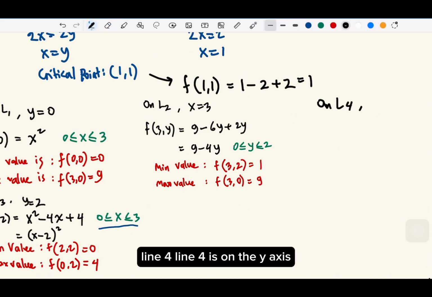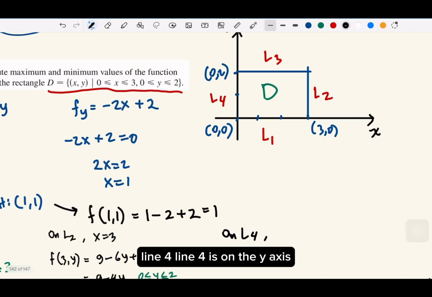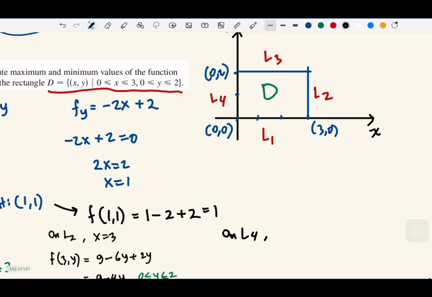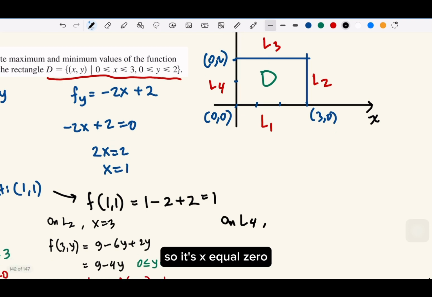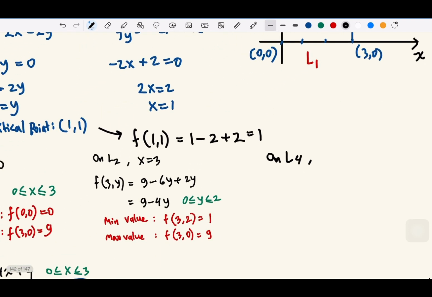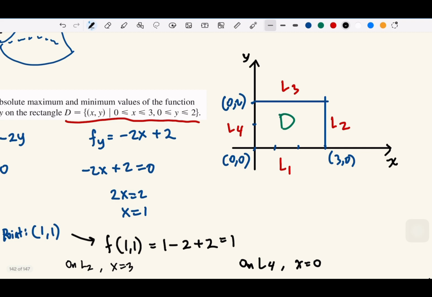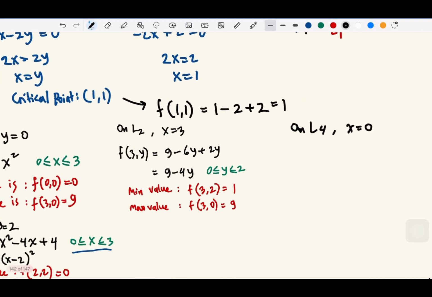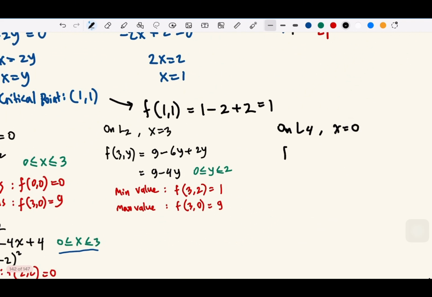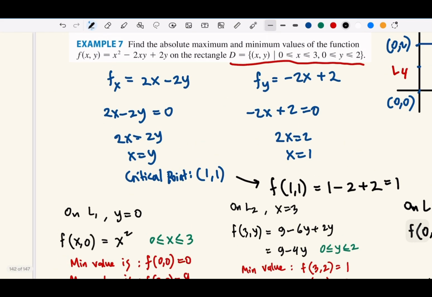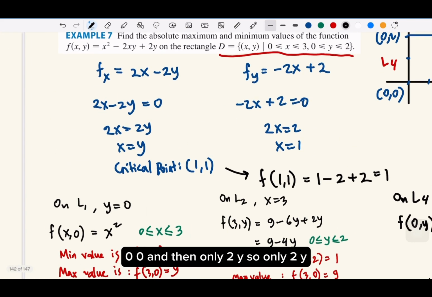line 4. Line 4 is on the y-axis, so it's x equals 0. So this will be f(0, y). The function becomes 0, 0, and then only 2y.